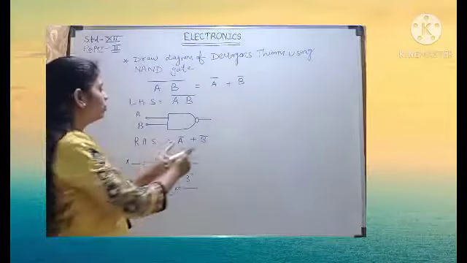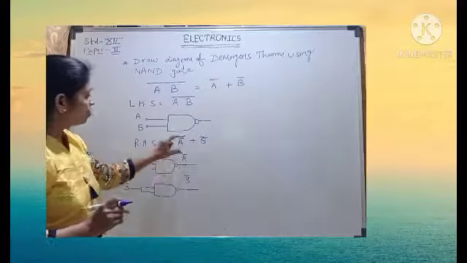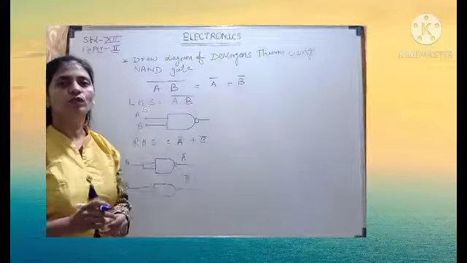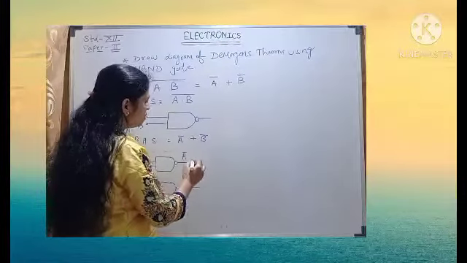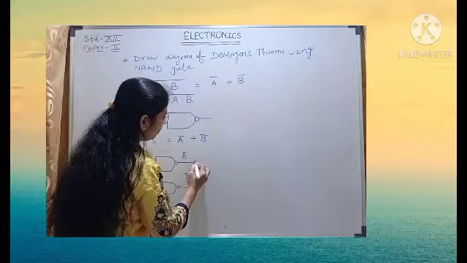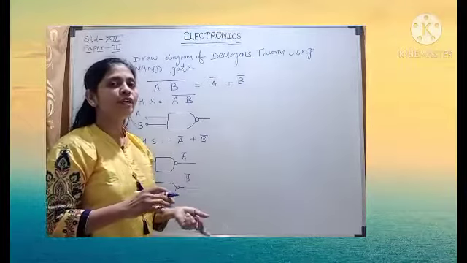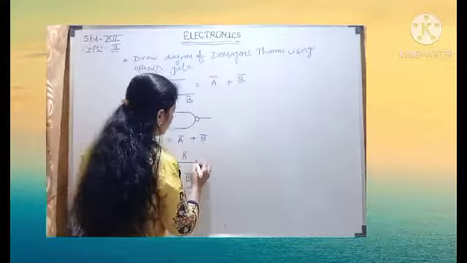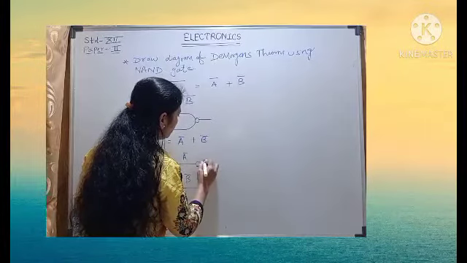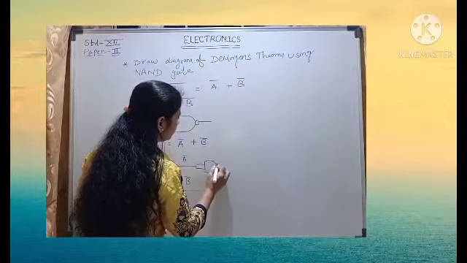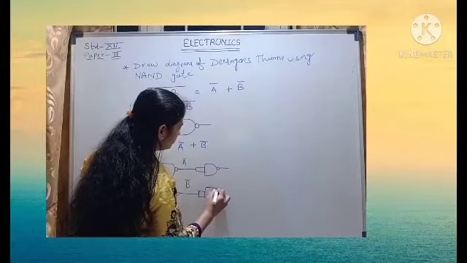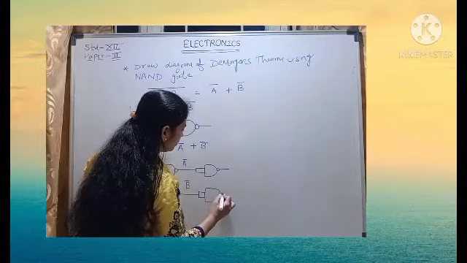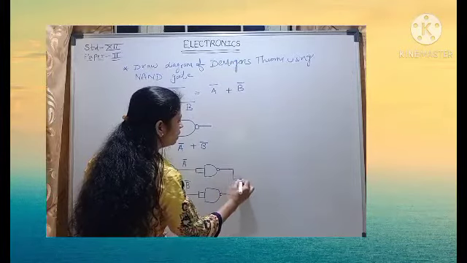Now we have to add both of these. So for adding this, we have to use OR gate. Now for this OR gate, we have to draw the diagram of OR gate using NAND gate. So for this we require one NOT gate, then again one NOT gate, and one NAND gate.